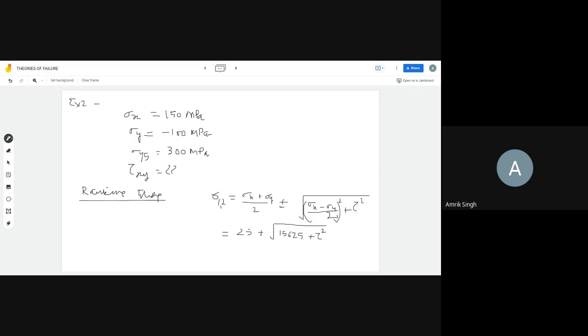So Rankine theory says this should be equal to 300. Okay. So when you solve it, tau xy will be equal to 245.